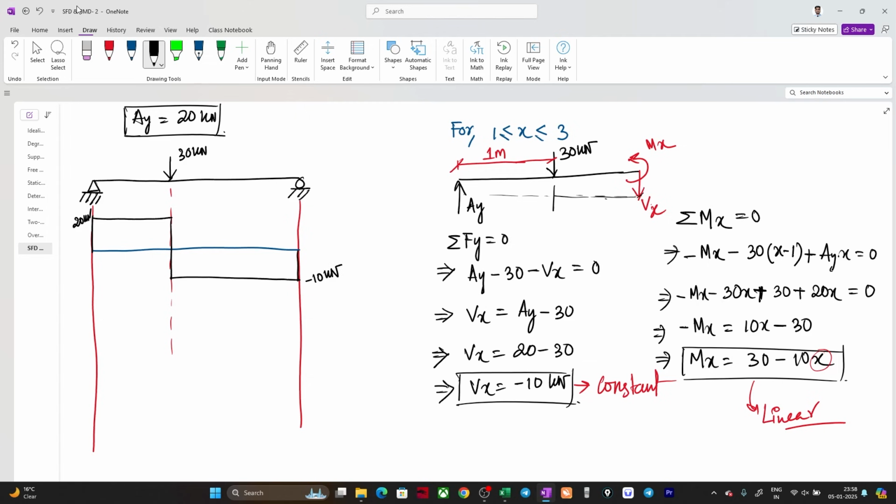But as in Excel we have given 0.25 difference, one point is here, another point is here, so we are getting a slope like this, but actually there will be no slope. It will be like this.